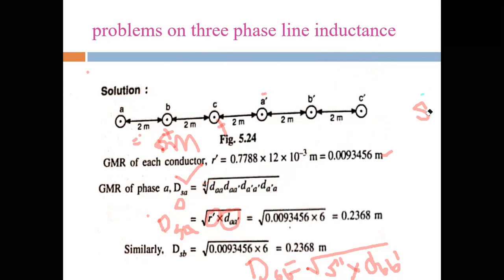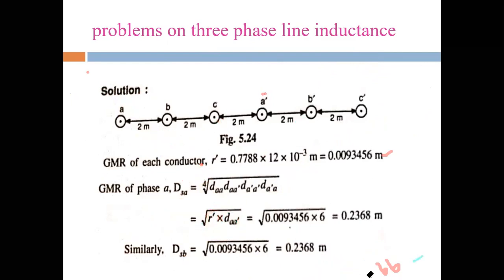Then what is the distance between B to B dash? This is the B point and this is the B dash point. What is the distance between B to C? That is 2, plus C to A dash 2, plus A dash to B dash is 2.